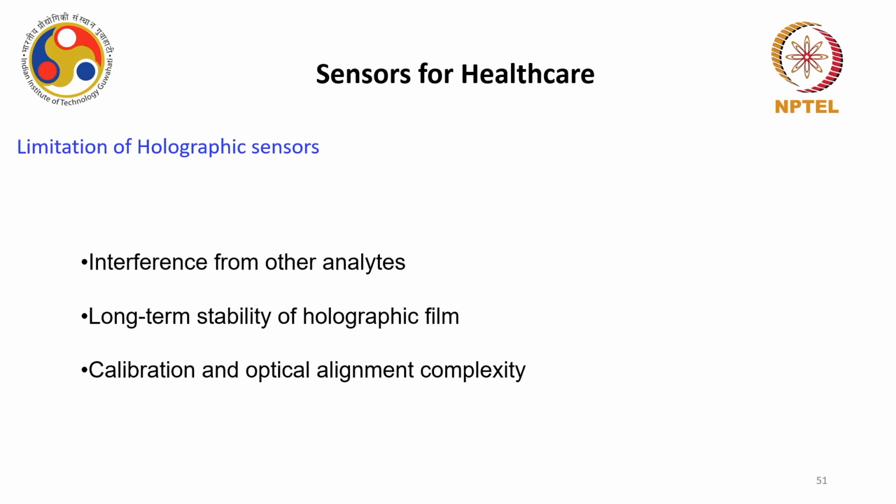However, they also have certain limitations, like there can be a good amount of interference from other analytes. There can be some issues with long term stability of the holographic film because it is based on swelling of the photosensitive film. Then the calibration and the optical alignment are very complex for this kind of sensors.